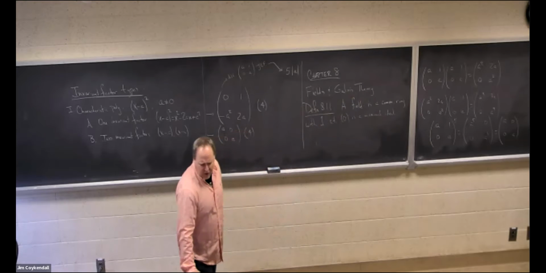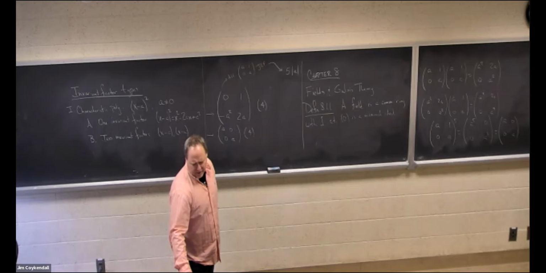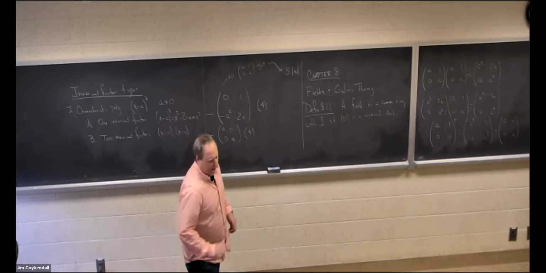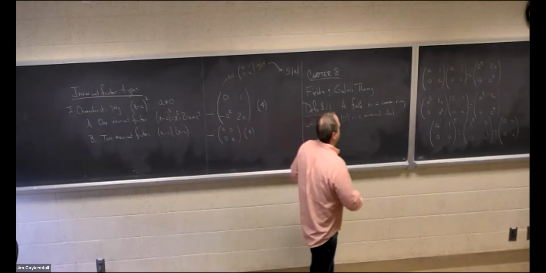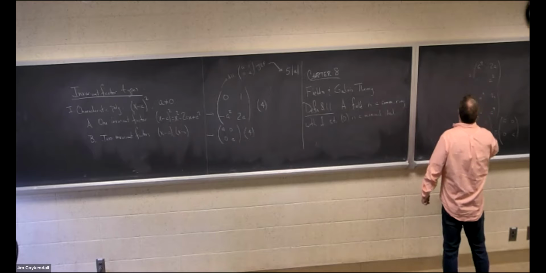So in particular, 0 is the only proper ideal of this. So it's really not too exciting from the point of view of ideal theory, but it's very rich in looking at the units. So let me point out some basic field stuff.